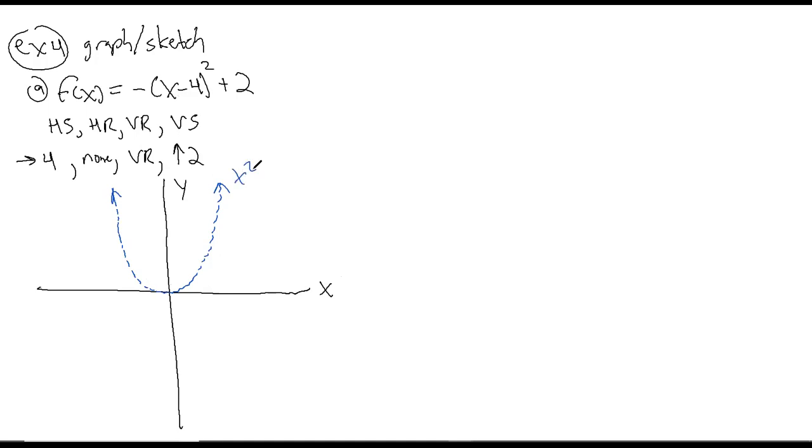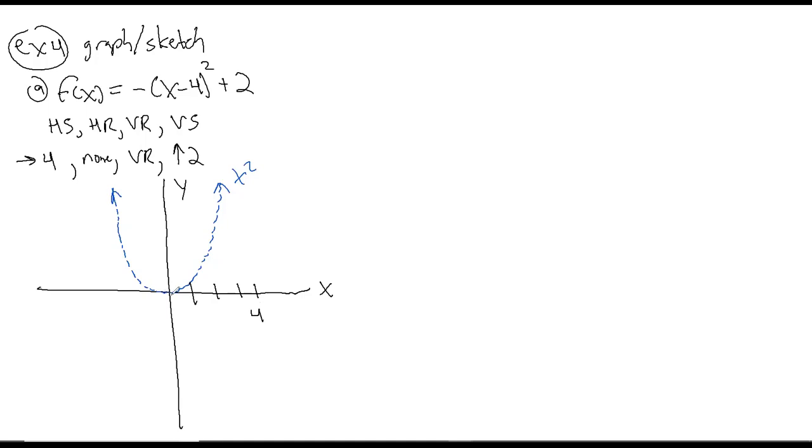So this was x squared. We're then going to shift this thing right 4. Let's go with green. So we're going to go right 1, 2, 3, 4.